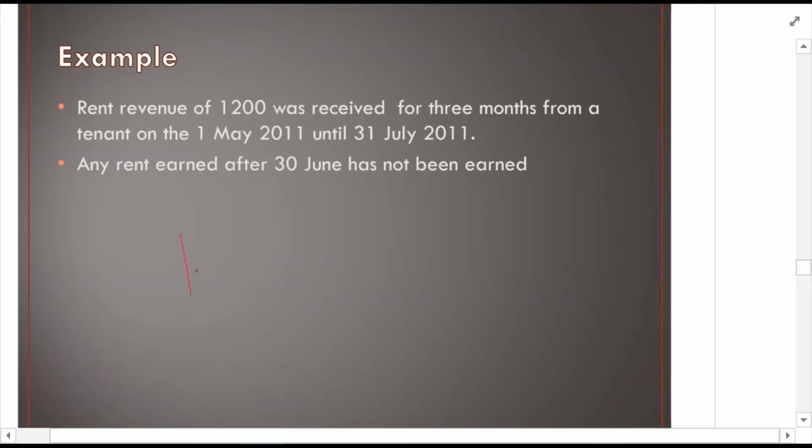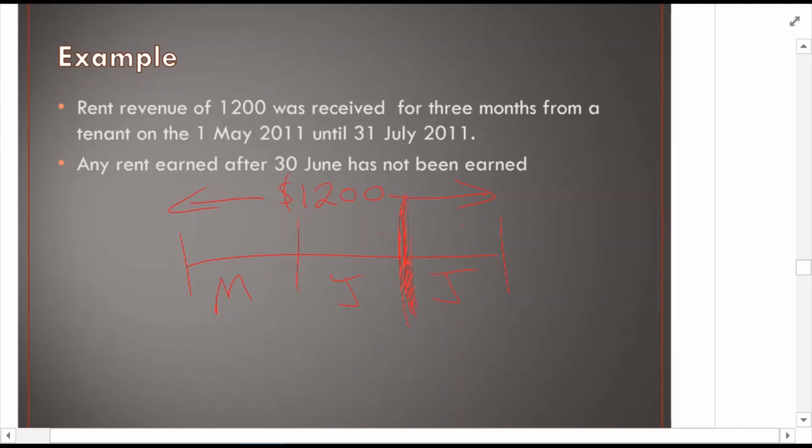So this one I'll start here, and okay, see if I can do this right. Yep, 3 months. So we've got May, June, July. Okay, end of financial year falls bang right there. So what we need to do, we've been paid $1,200 for that time, for the whole time there. We need to work out how much of it belongs in this financial year and how much in that financial year.